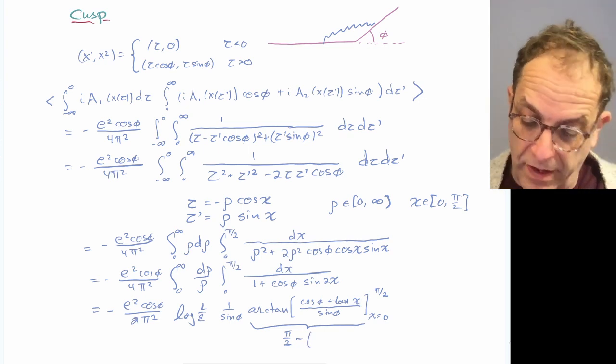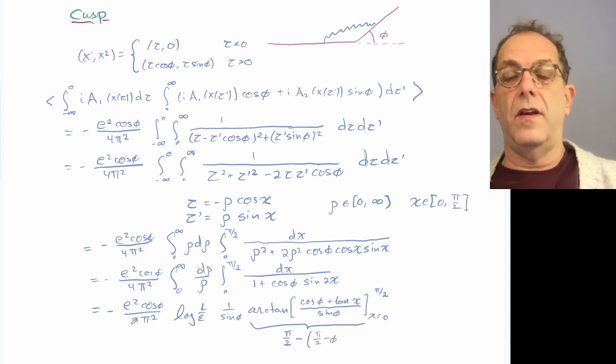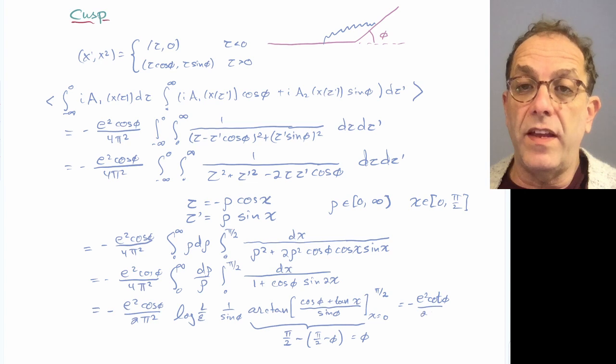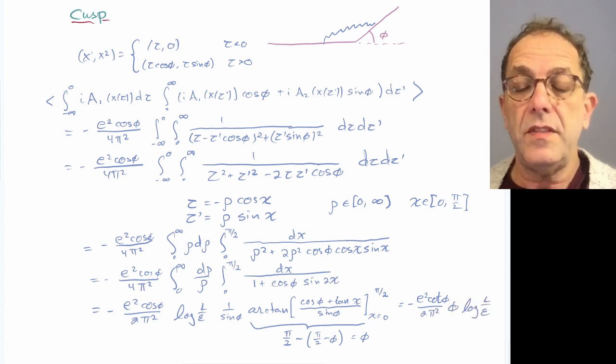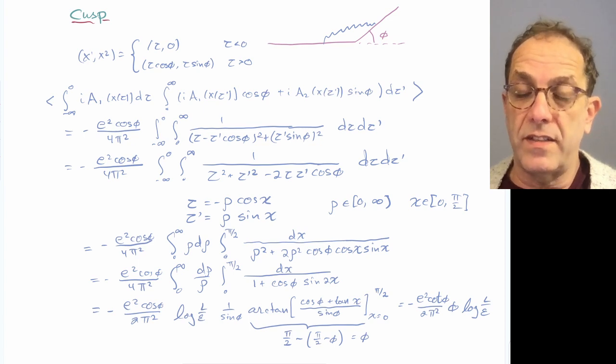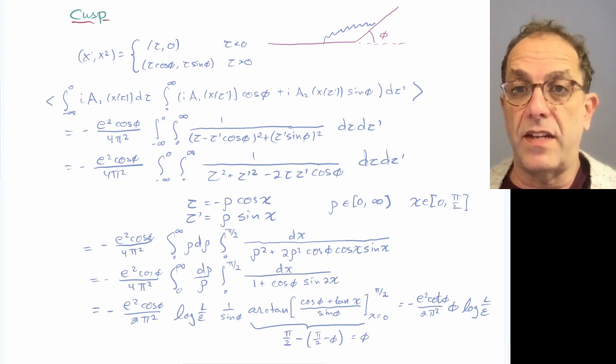So this whole thing is just equal to phi. So we find this answer, and we had to put a UV and IR cutoff epsilon in L, and we get this log epsilon. This is an indication of an anomaly which arises here in what is a semi-classical calculation.